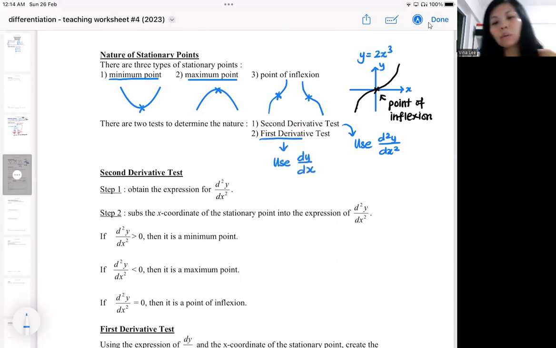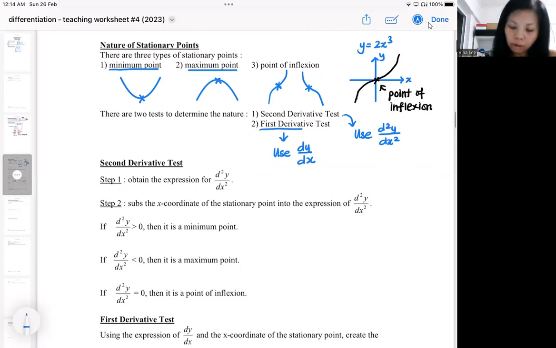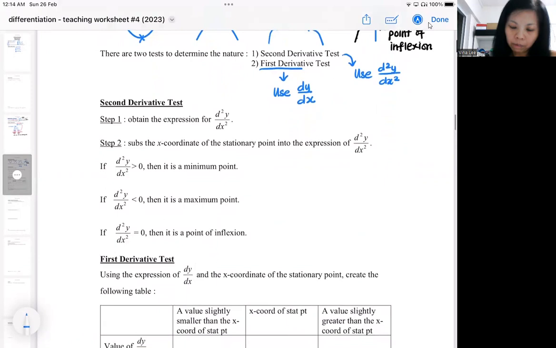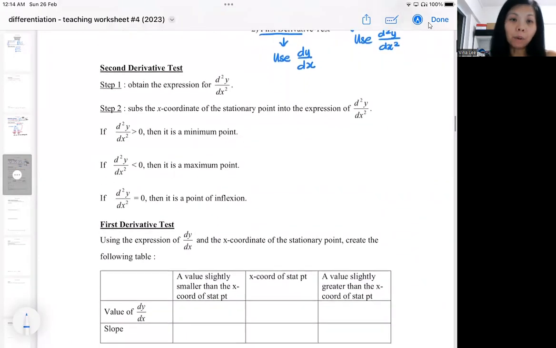So when do you use which test? If they didn't specify the test to you, you decide for yourself. But first of all, we have to know how to do both tests. So I'm going to roughly run through the idea before I show you a numerical example.